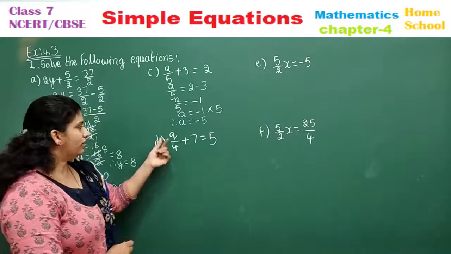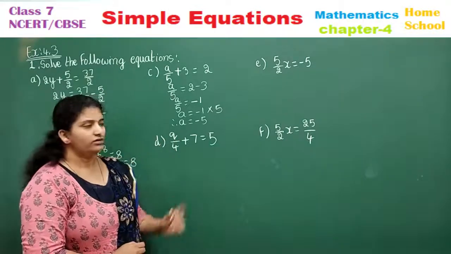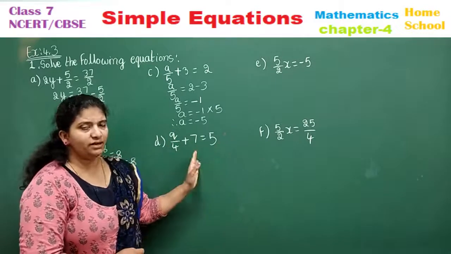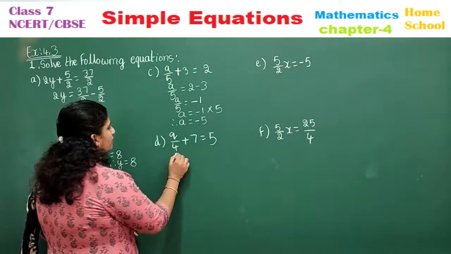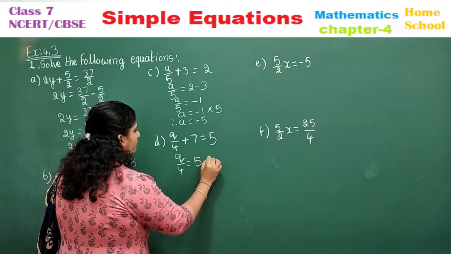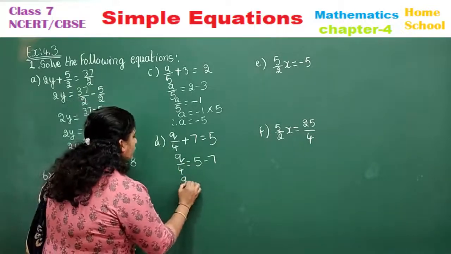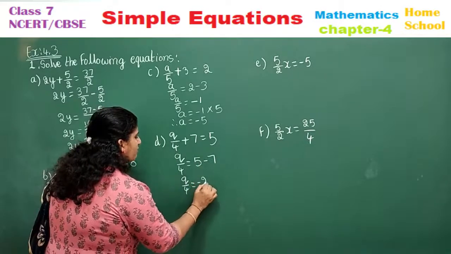D option. q by 4 plus 7 is equal to 5. The variable is here. So, send this number to the other side. Plus 7, if it goes to the other side, minus 7. q by 4 is equal to 5 minus 7, which is minus 2.